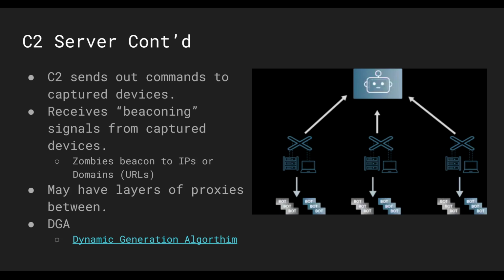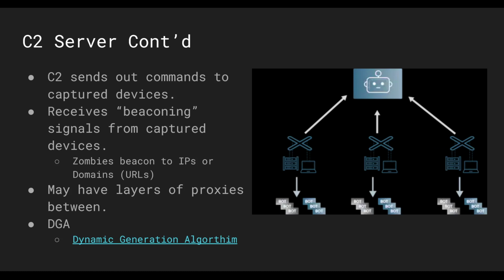So zombies will beacon back to command and control servers. That's actually beaconing behavior, something watched for pretty heavily in endpoint detection and response systems, intrusion detection systems, and sometimes more advanced antivirus systems will look for beaconing activity.